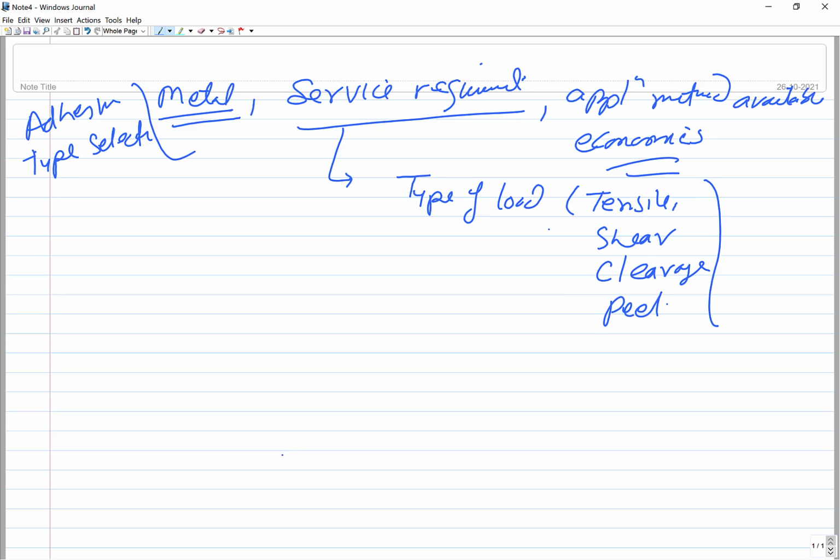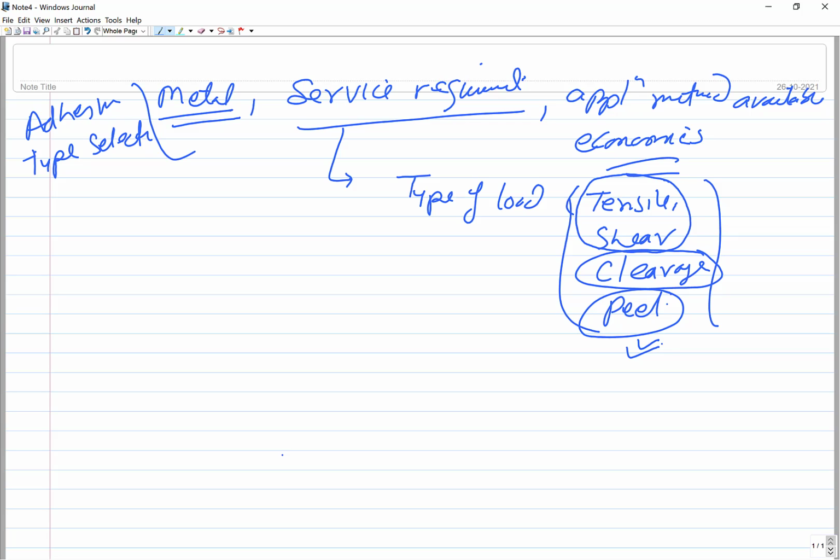The same joint may show significantly different performance for different types of load, or the way by which load is applied on the joint. In general, adhesive joints perform much better under tensile and shear load, while they perform very poorly under cleavage conditions, and further poorly in the case of loading in peel mode.